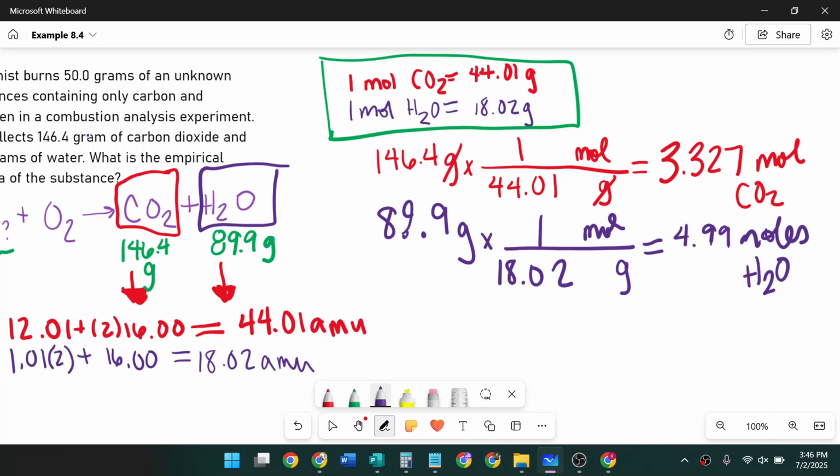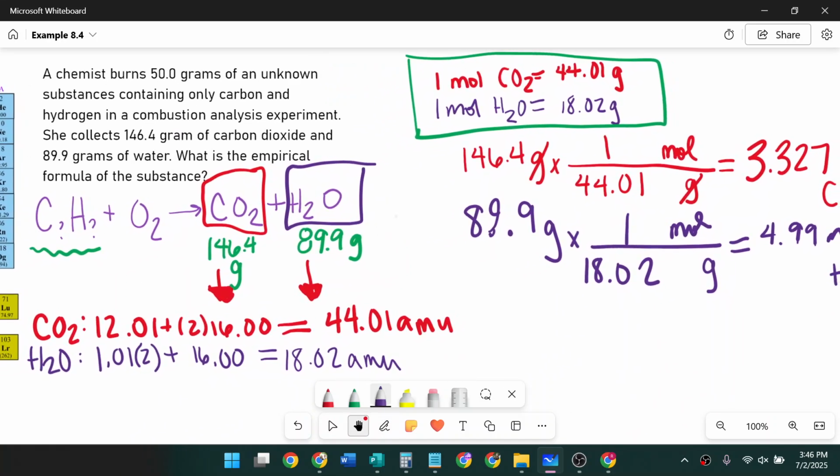All right, so let's go back to what we were looking at over here. When we first did, we sort of set it up so that we could look at things. We have carbon and hydrogen as our unknown substance. So the carbon has to come from the carbon dioxide and the hydrogen has to come from the water. And then of course the oxygen was just in the burning need for the fuel. So we're not going to really worry about that right now.